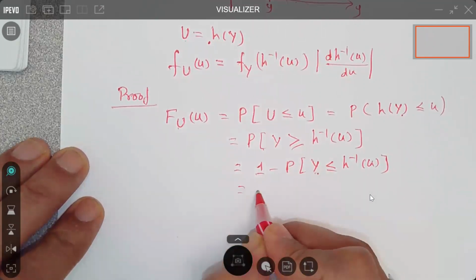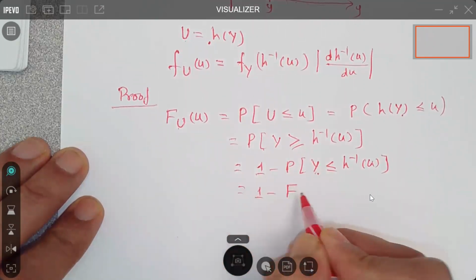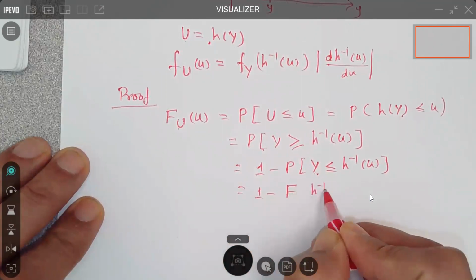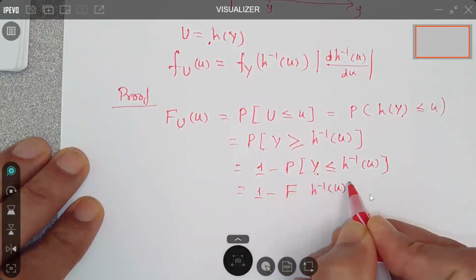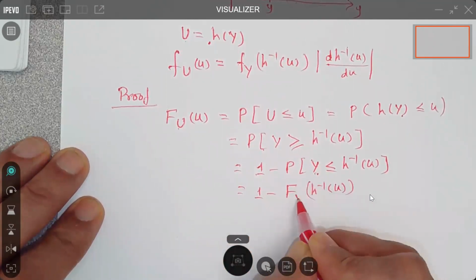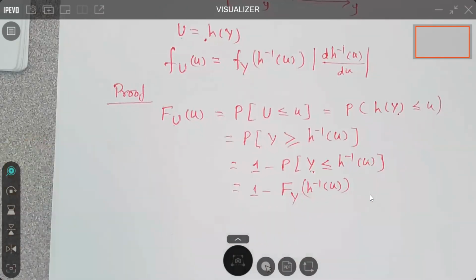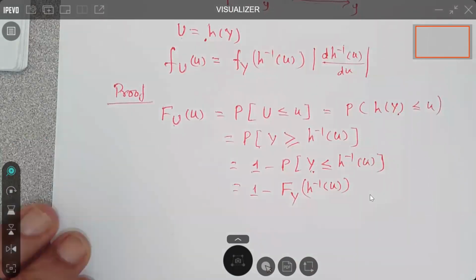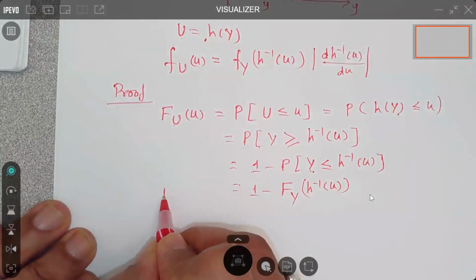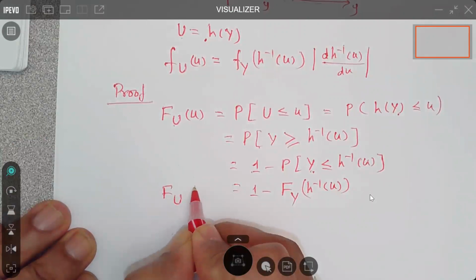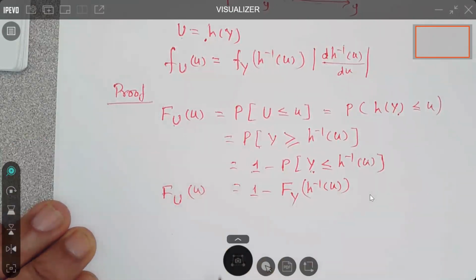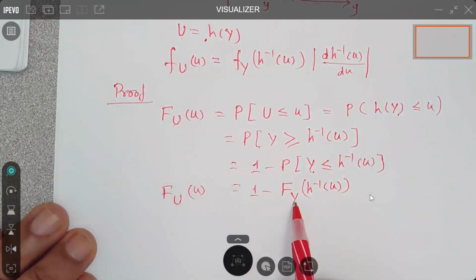So this is equals to 1 minus F_Y, input value h inverse u. Now this is F_U(u), the distribution function of the transformed random variable U.